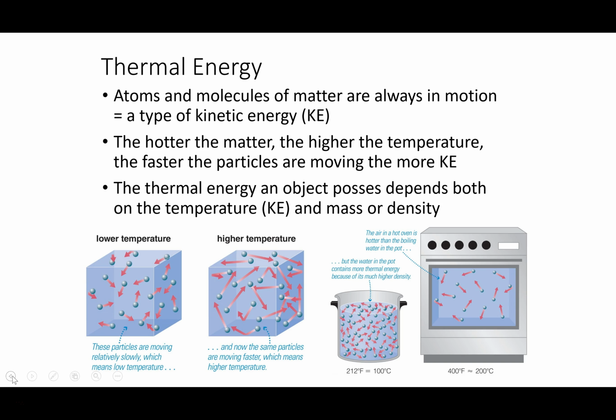Even at this lower temperature, and I don't have the math here to do it, water boiling at 100 is a lower temperature than the gas. But this pot of boiling water has more thermal energy because of the mass it's got there. It's a lower temperature, but it's not just temperature, it's how much thermal energy something has.